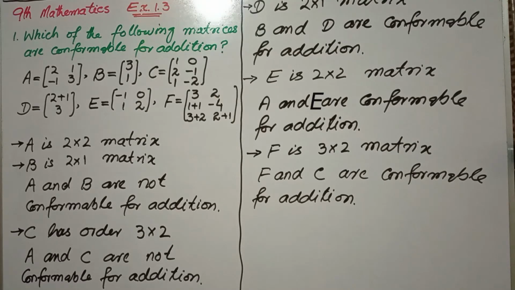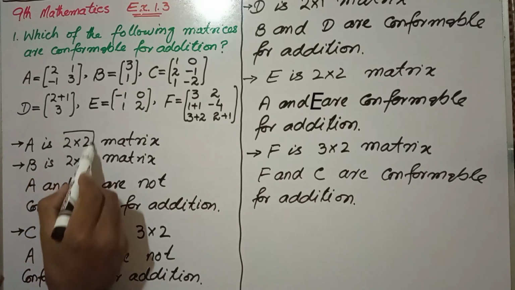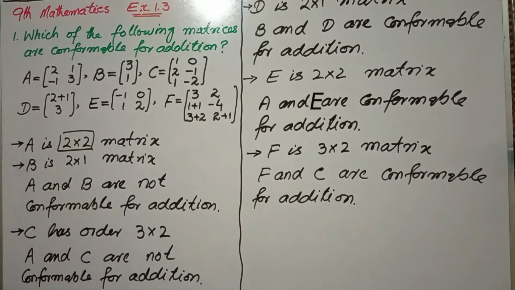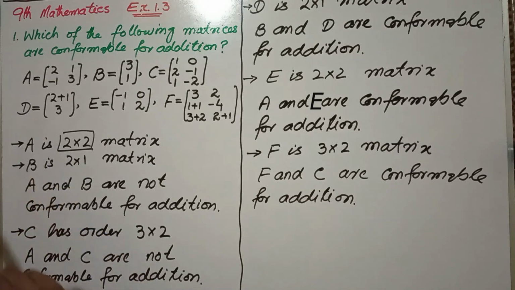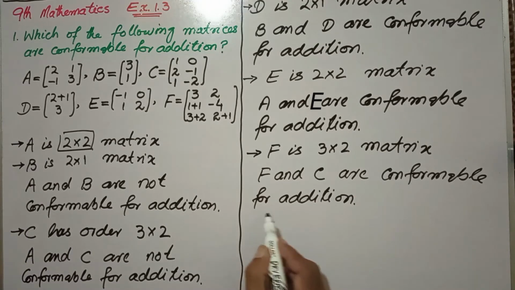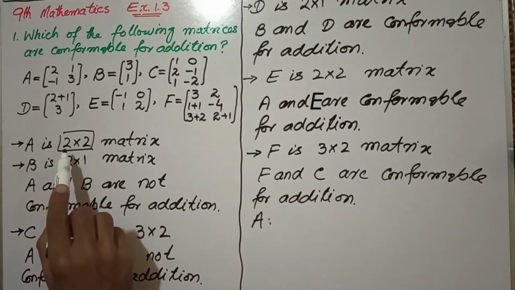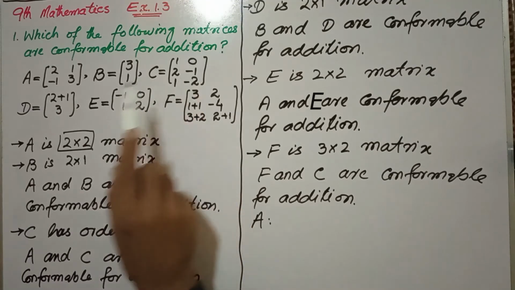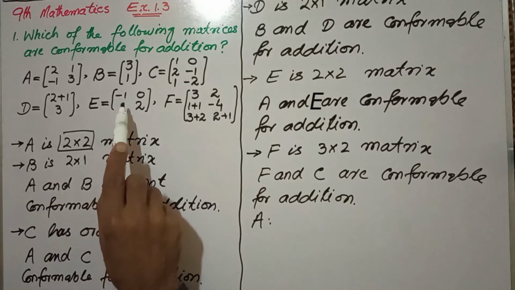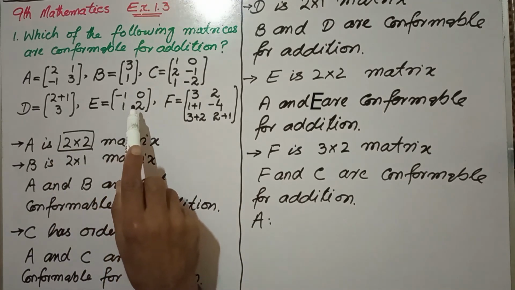Thus, if we summarize, first we see which matrices are conformable for addition with the matrix A. The matrix A is of order 2 cross 2. The others are 2 cross 1, 3 cross 2, 2 cross 1, and 2 cross 2.